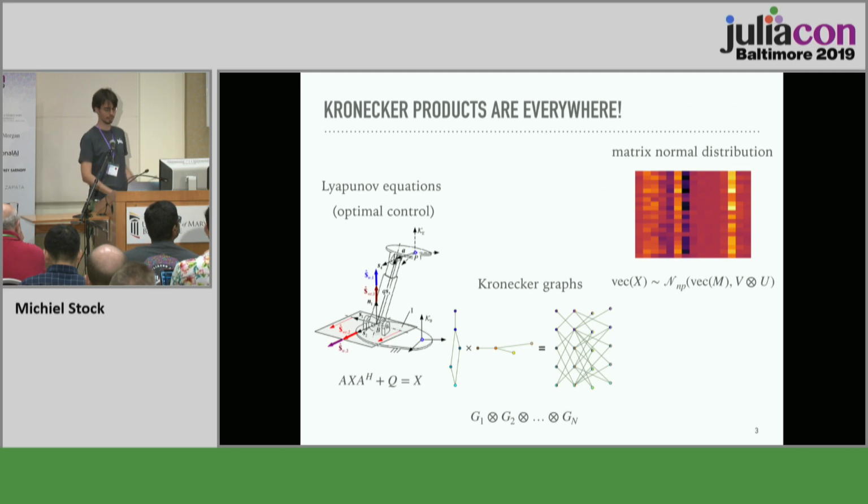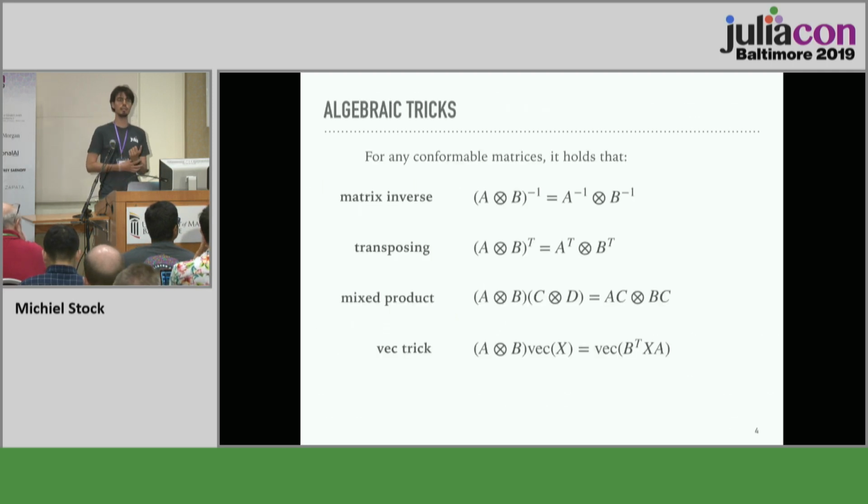I also use it for pairwise learning, obviously. And the reason that these Kronecker products are so popular and so easy to use is because there are a lot of algebraic tricks or shortcuts for working with them. For example, if you want to compute the inverse of a Kronecker product, that's just the Kronecker product of the inverses of these matrices. Same tricks exist for trace, determinant, and so on.